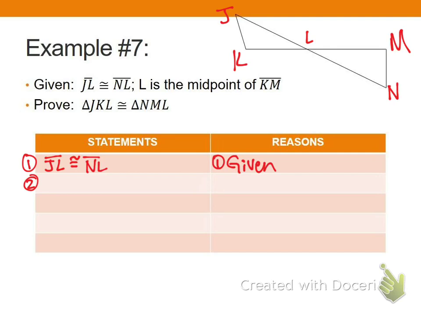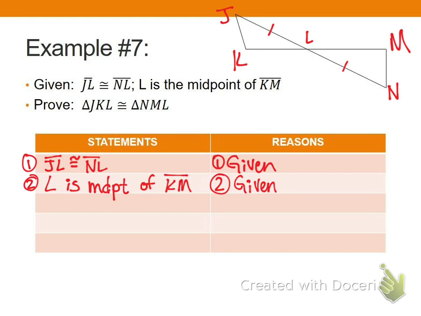So my second statement would be what? Good. L is midpoint. I'm going to shorten that up, of side KM. My reason for that? Also given. Okay, I can go ahead and mark that JL is congruent to NL since we've stated that.